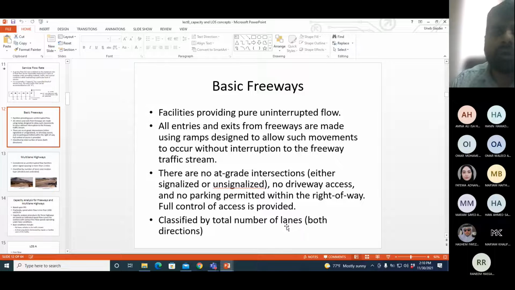So a highway which fulfills all these conditions can be referred to as a freeway. What are the conditions? No interruptions, including no at-grade intersections, no access to driveways, no on-street parking. They have a median, they have 4 lanes or more, and all the entries and exits are through ramps.